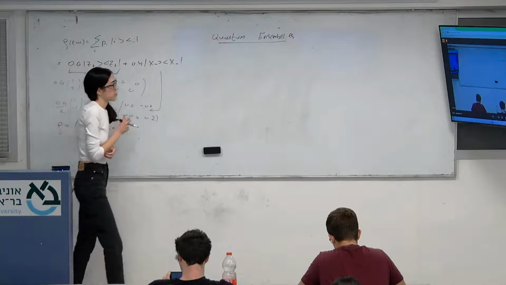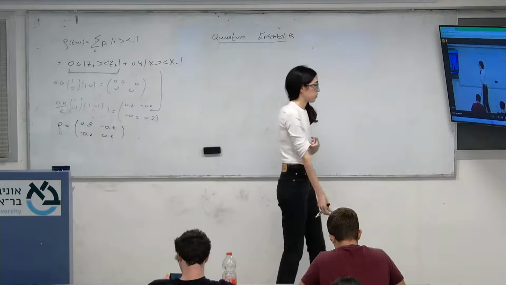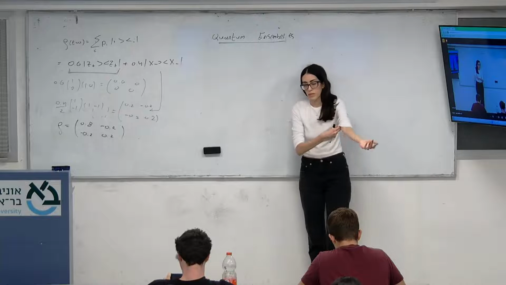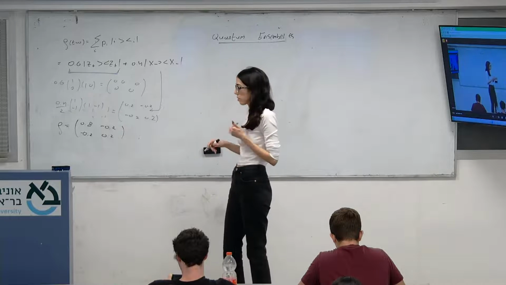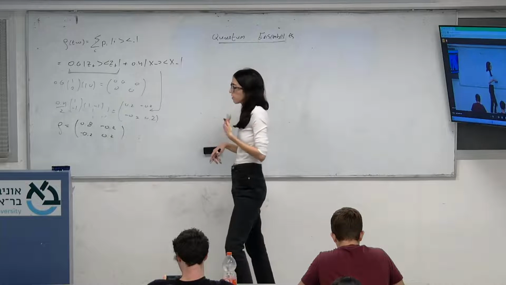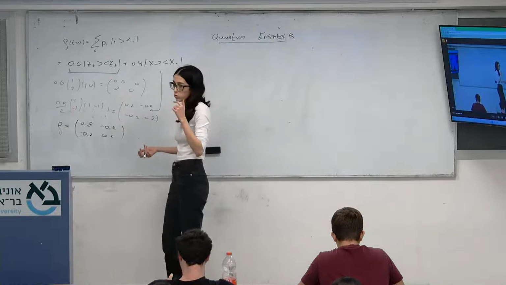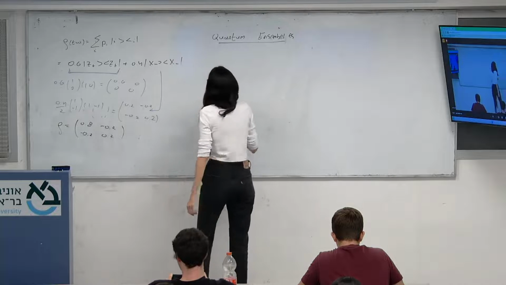Okay, so quantum ensembles. Last time we talked about the three ensembles that we know from classical statistical physics. We are also going to have the exact same ensembles here. The only difference is we're going to write them using the density matrix.